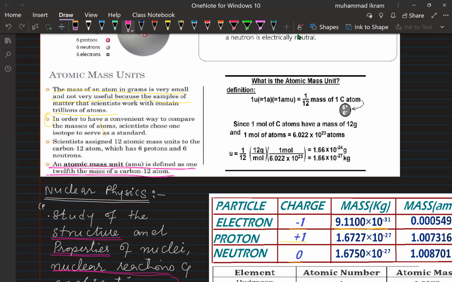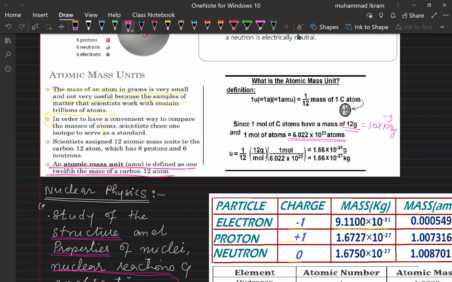So now look how it looks. One atomic mass unit is equal to 1/12 the mass of the carbon atom. Since one mole of carbon atoms has mass 12 gram, or you can say 12 times 10 to the power minus 3 kilogram, and one mole contains this many atoms.